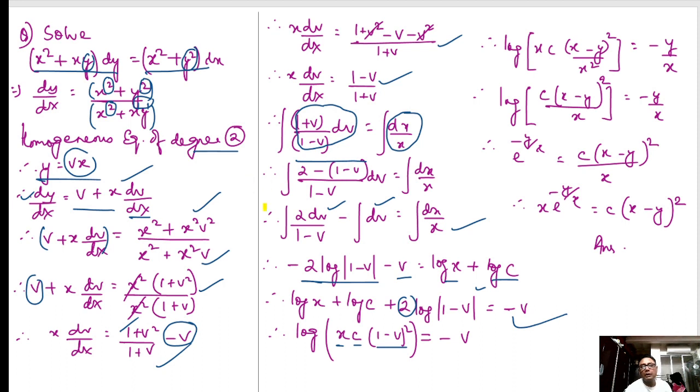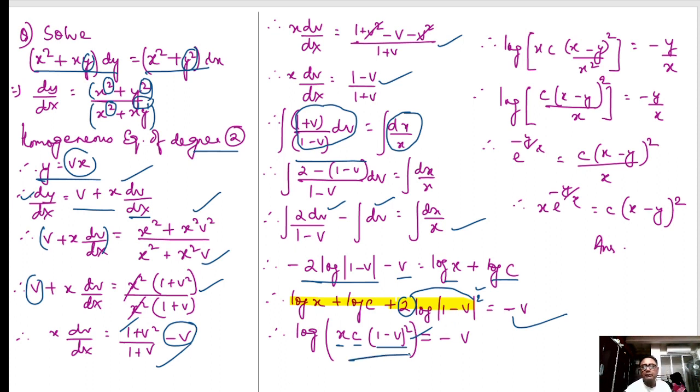There is a formula, log a plus log b, and this power 2 will go up first of all. This power 2 will go up here like this. So log a plus log b plus log c is log a into b into c.